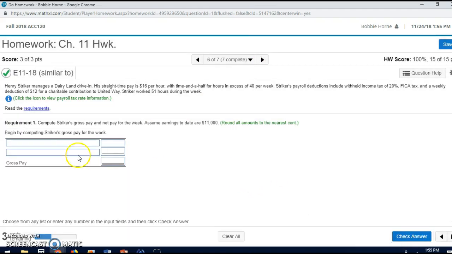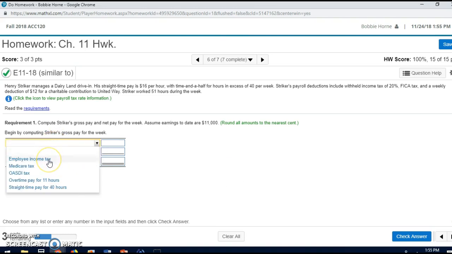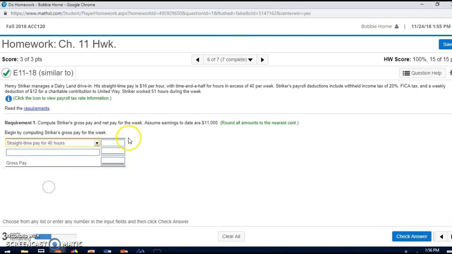and do this one. So we're figuring out gross pay. So first of all, we want to do employee straight time pay for 40 hours. So the straight time pay is 40 hours times 16 per hour, which is $640.